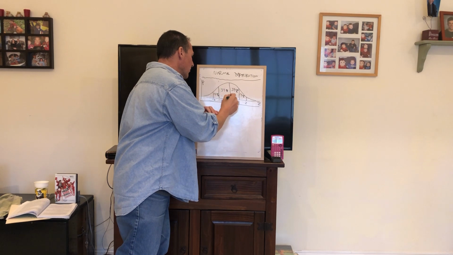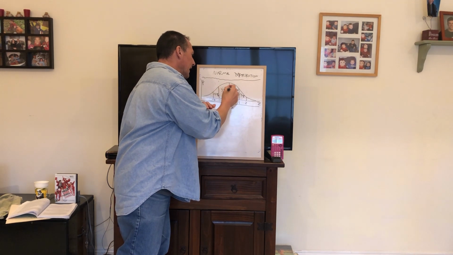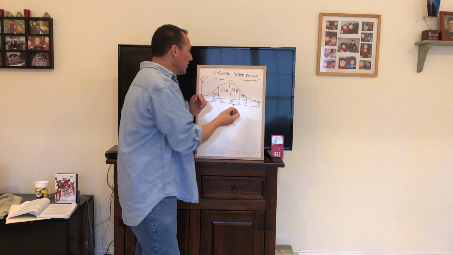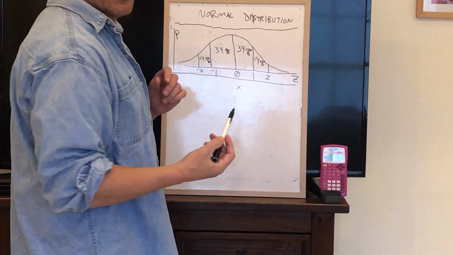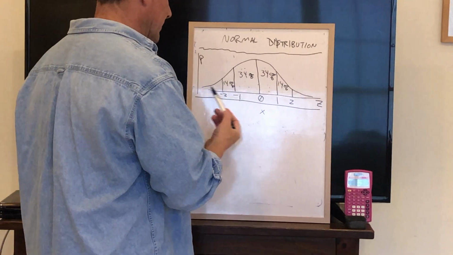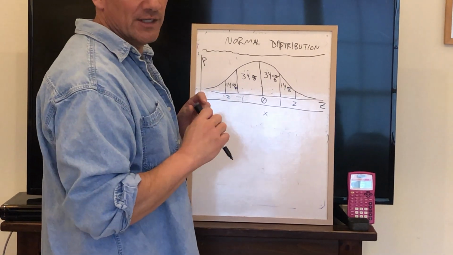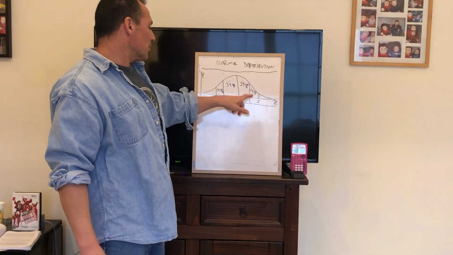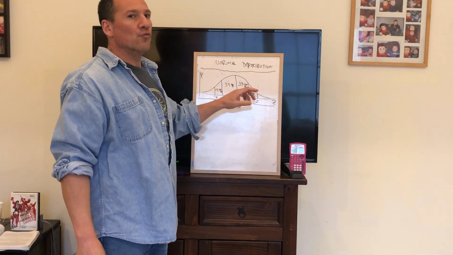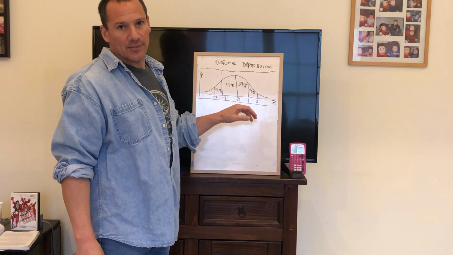So this speckled area here is 68% of the distribution. Once you're a standard deviation above the mean, or a standard deviation or more below the mean, we're starting to talk about a kind of extreme score. We're starting to talk about scores that are relatively atypical.